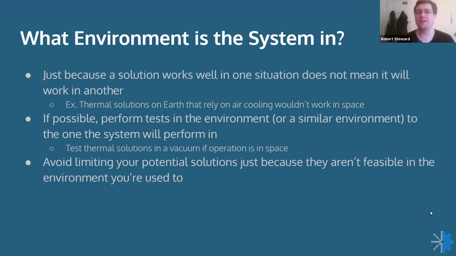Next is, what environment is the system in? Like I said, working on projects that are in space, or underwater, or maybe in extreme cold or extreme heat, isn't exactly something that you necessarily see in your day-to-day life. Just because a solution may work well where you are does not mean it will work well where you need it to.